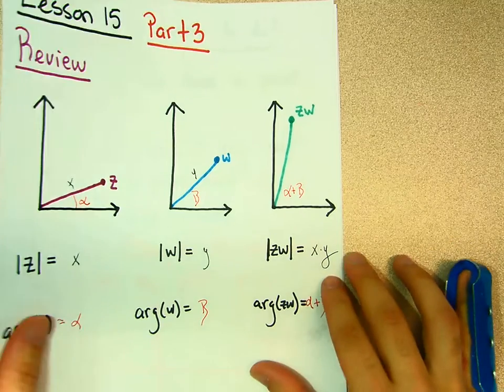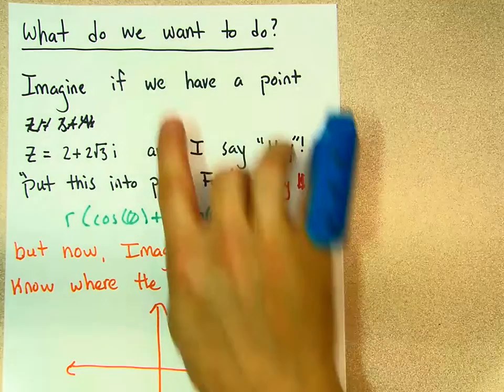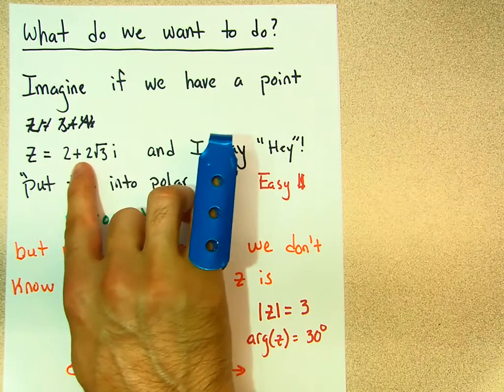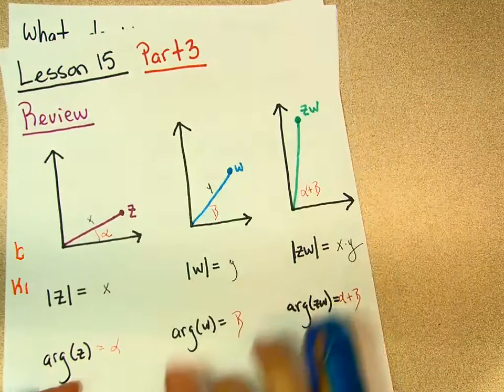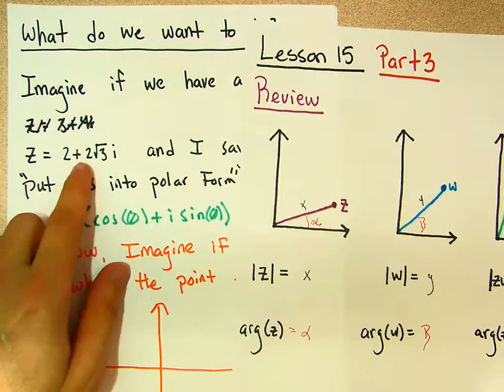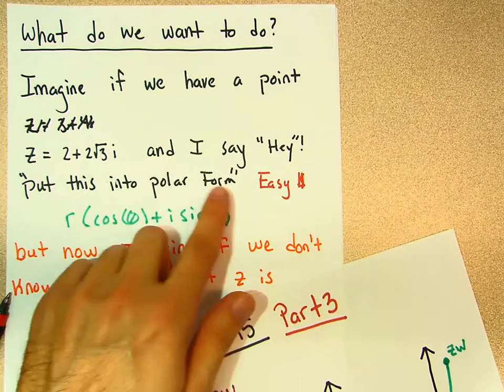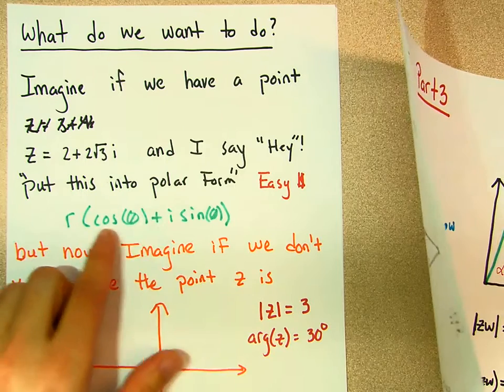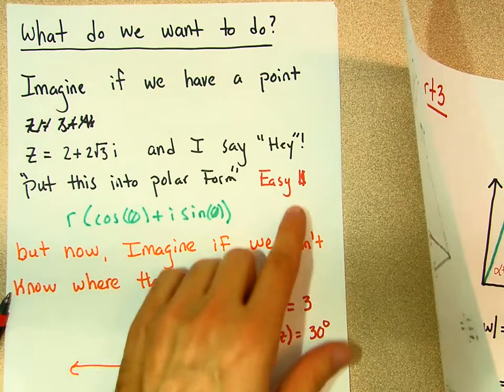What do we want to do for today? Imagine we have a point Z equal to this complex number. I say, put this into polar form, and you make your triangle and do your thing and get r cosine theta plus i sine theta, easy money.